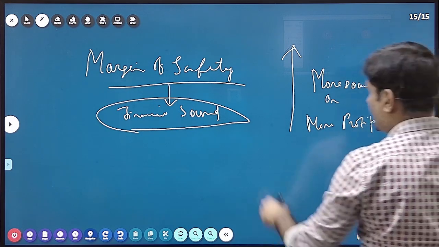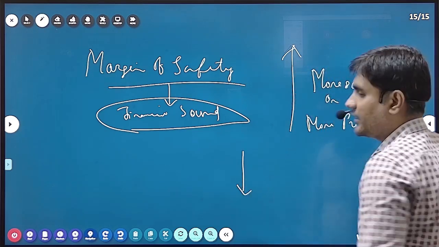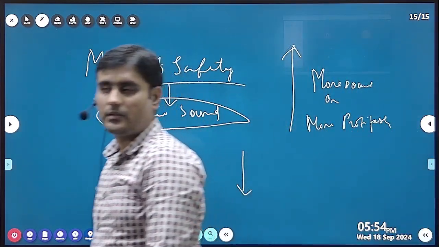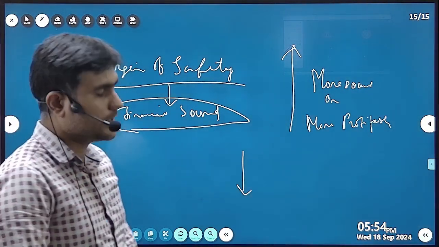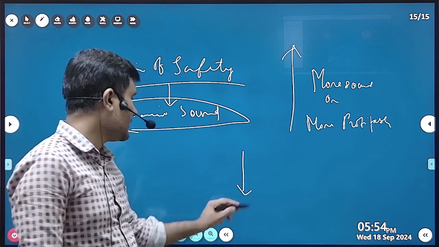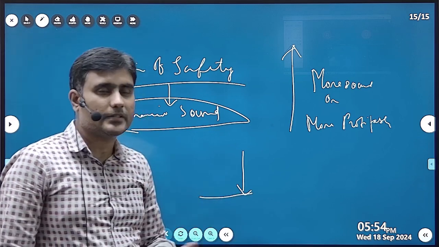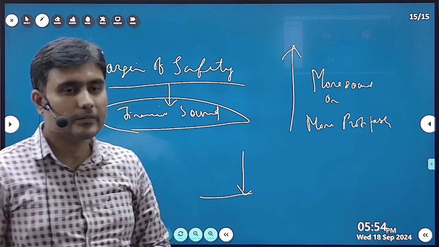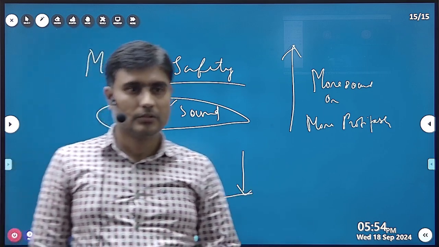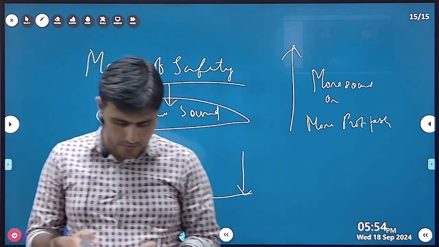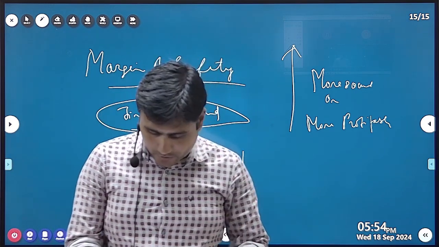But if a business does not have a margin of safety, it means that it is financially not sound. If it is just at BEP, it means that it is not making any profit. If it is below BEP, it means that it is making a loss, right? So we have gone through margin of safety.